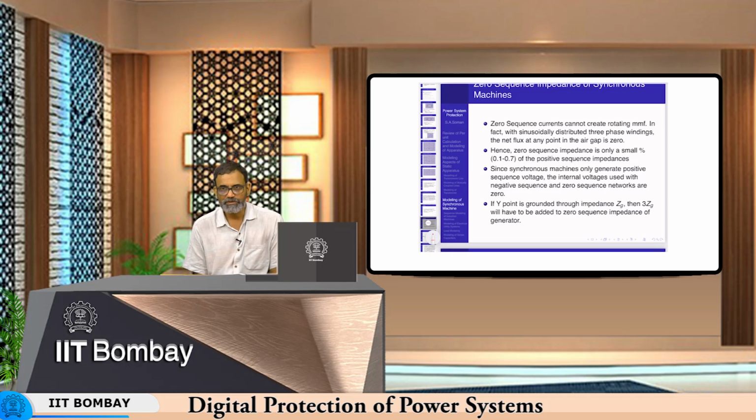However, that will not happen because your windings are not exactly distributed at 120 degrees. There is some fractional pitching and all that, and there will be some zero sequence flux as a result of that, but it will be very small. So hence it is considered to be around 10% to 70% of that of the positive sequence impedance. So X0 is equal to 0.1 to 0.7 times that of the positive sequence impedance.